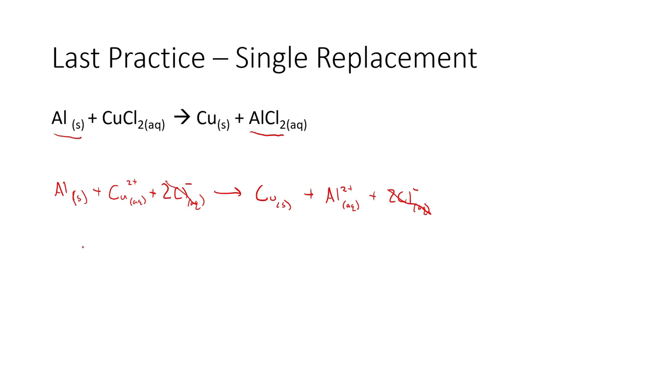And this will give us our net ionic equation, which is Al solid plus Cu2 plus aqueous goes to copper solid plus aluminum 2 plus, which is aqueous.